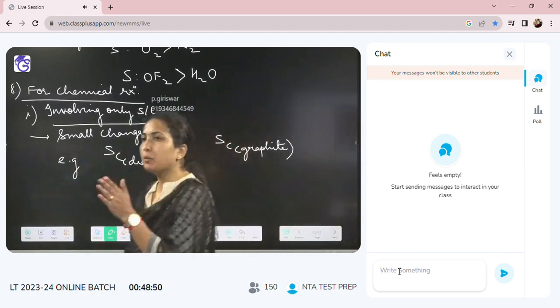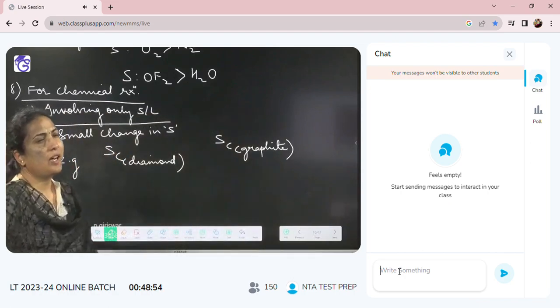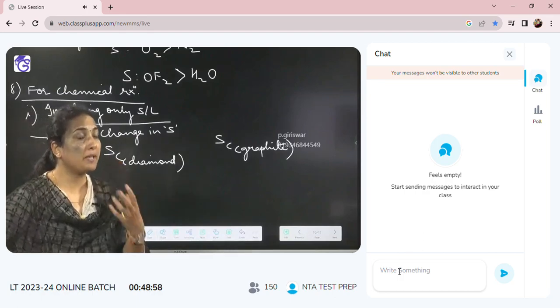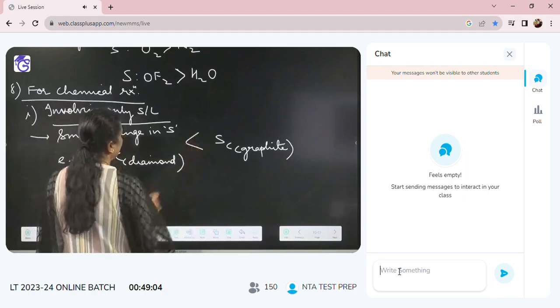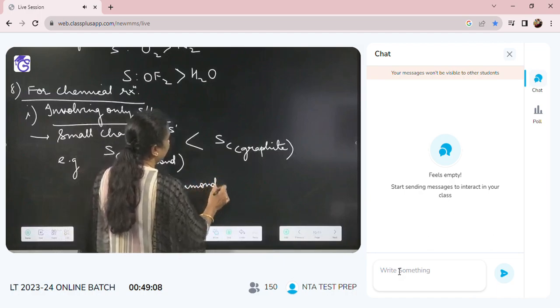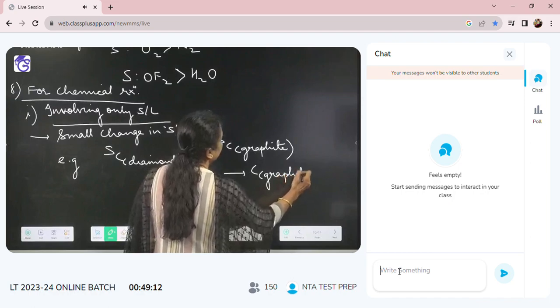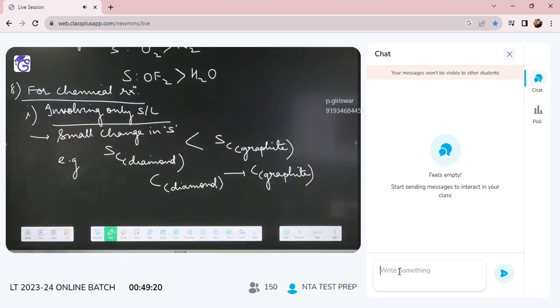If it is more ordered, its entropy will be less. Harita, how come more ordered, beta? A three-dimensional network is present in diamond, right? So it is a much more ordered form. Suppose carbon in the diamond form is getting converted into carbon in the graphite form. In this reaction, is the entropy going to increase or decrease?